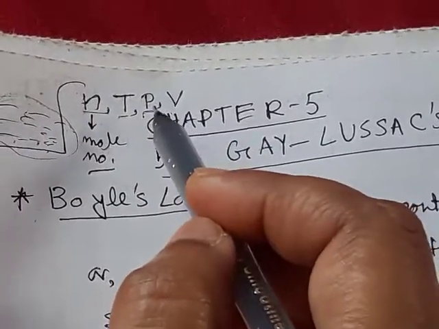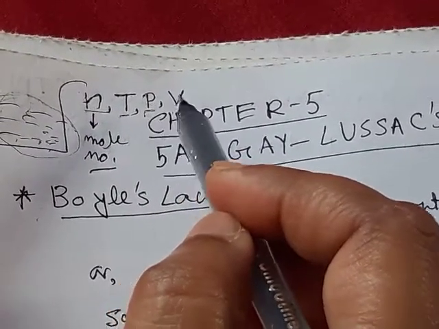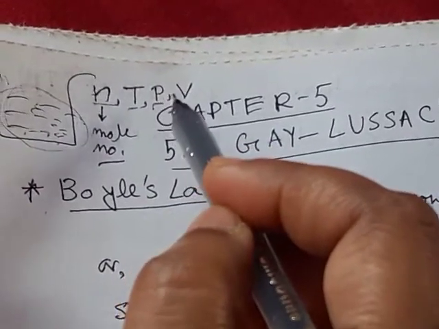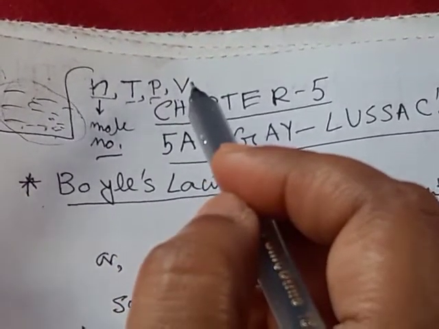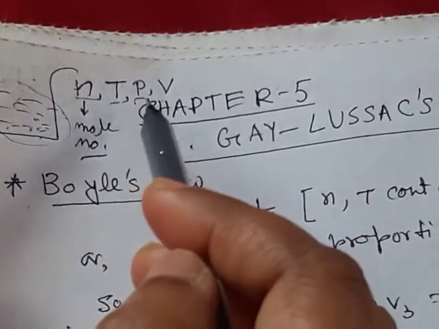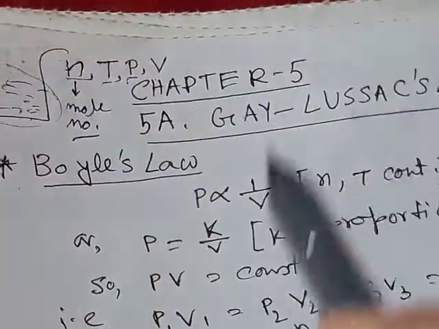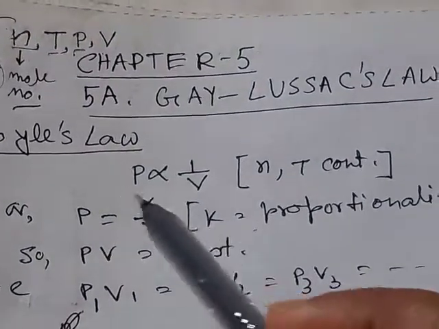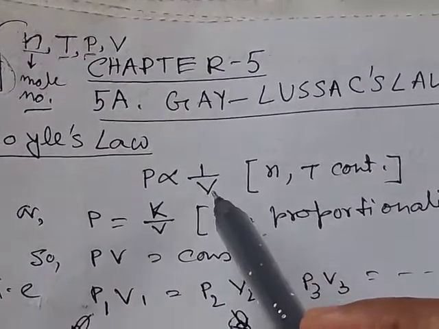Now a relation may be established between these variables. To establish a relation between any 2 variables, the other 2 variables should be constant. First is Boyle's law. Boyle's law gives the relation between pressure and volume.